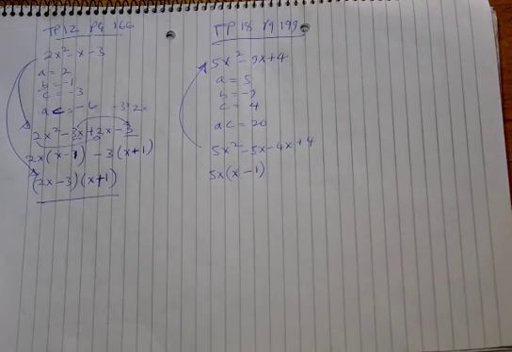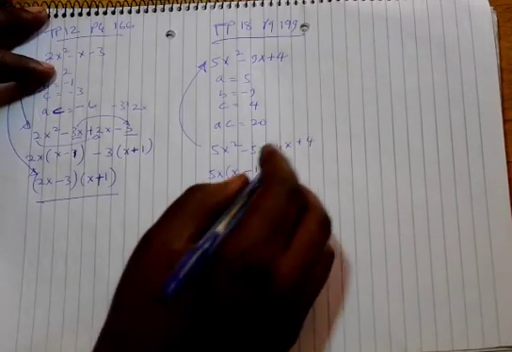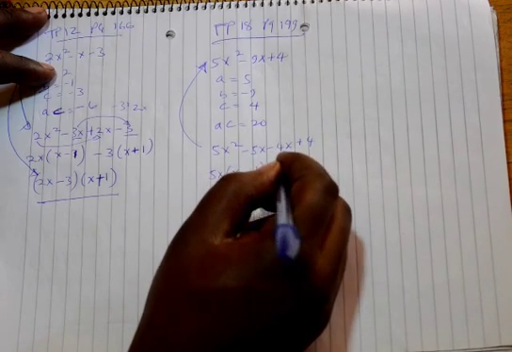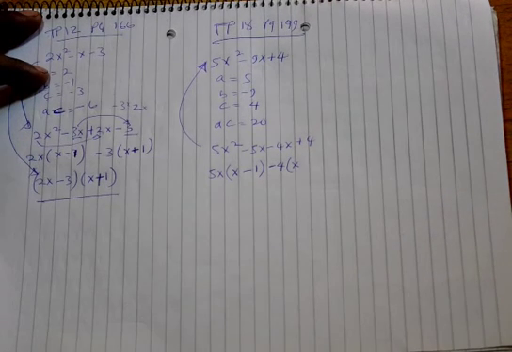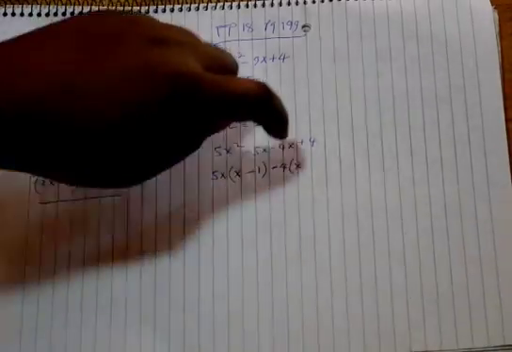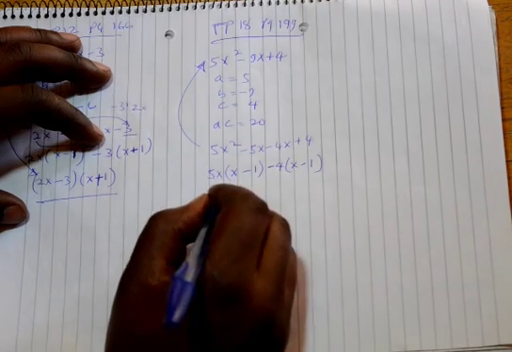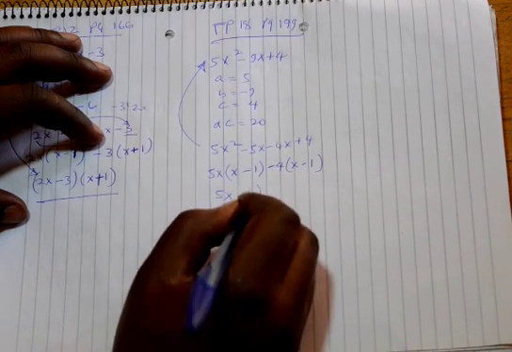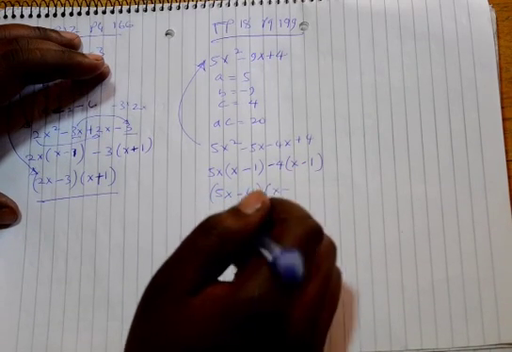Now for the minus 4, x should be minus 1, so that minus 4 times minus 1 gives 4. So we have 5x minus 4 into x minus 1.